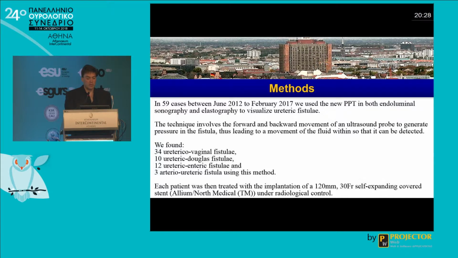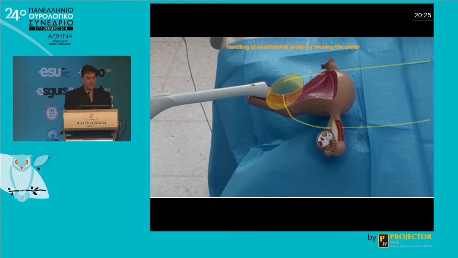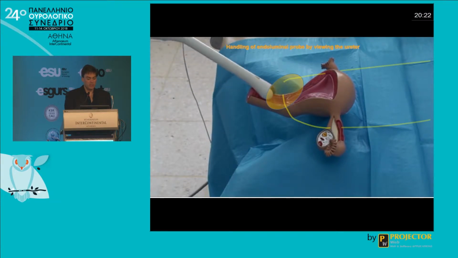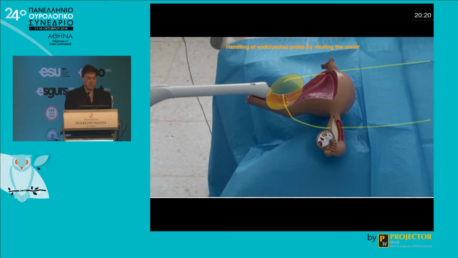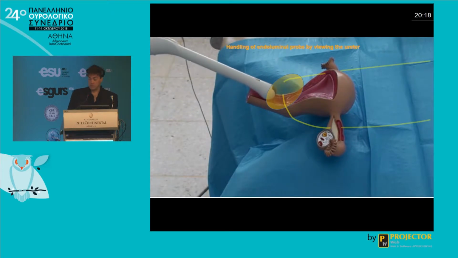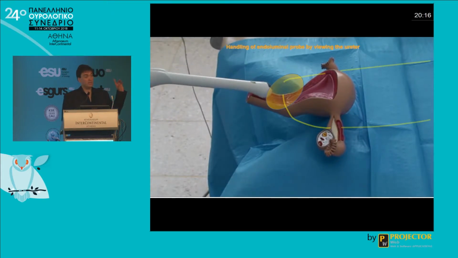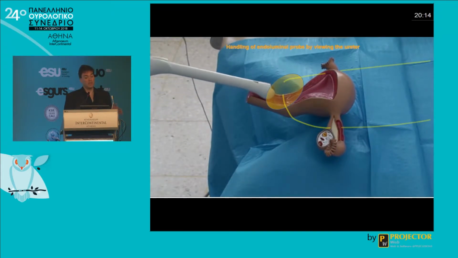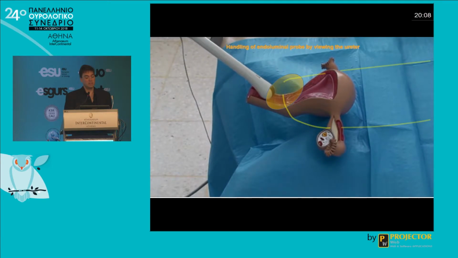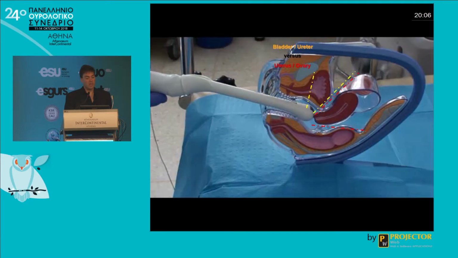First, I want to show you the technique of ureteric ultrasound. It is really simple. You take the probe inside the vagina, go to the left and right side, and you see the ureter.